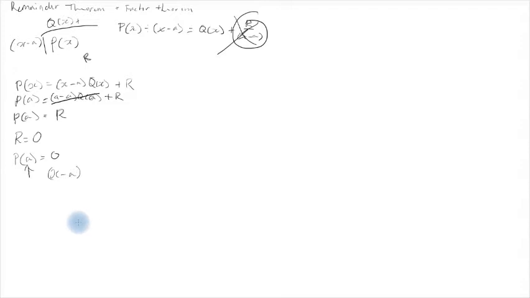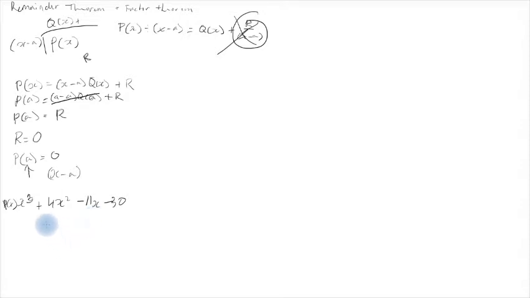Let's have this equation: x cubed plus 4x squared minus 11x minus 30. So this will be our polynomial, p of x.